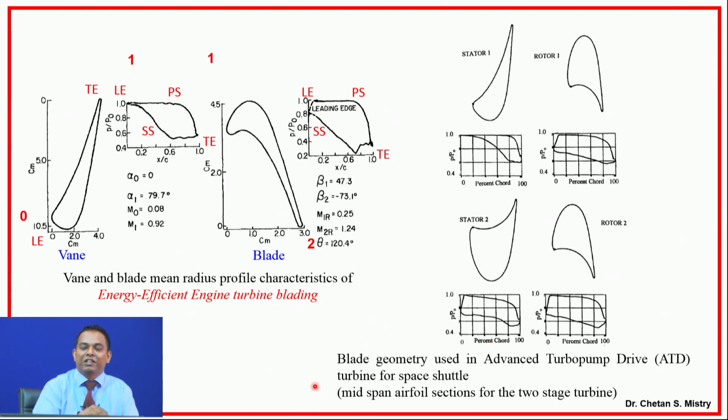Later on, people started using numerical tools to calculate their CP distribution, and then they changed the profile. In place of that, they now dedicatedly define this pressure distribution, and based on it they solve an inverse problem. That means, based on this CP distribution, what should my profile be. That is known as inverse design.